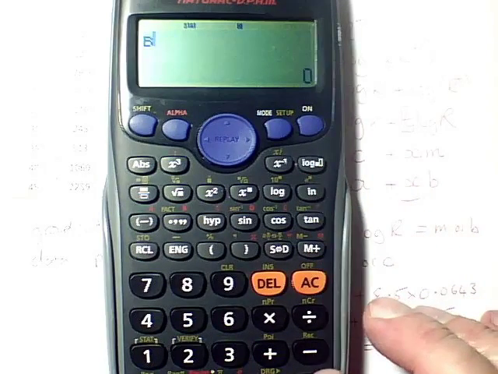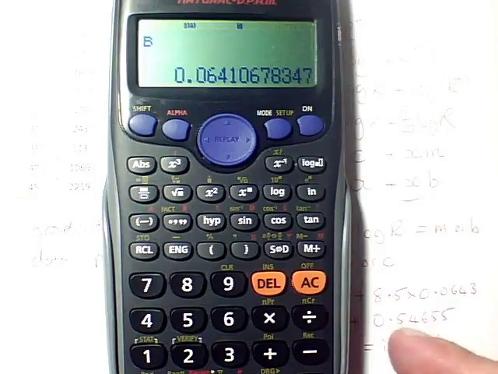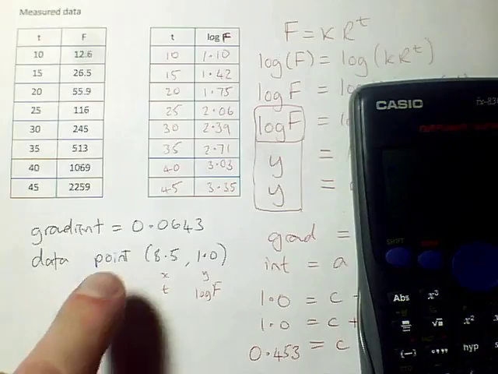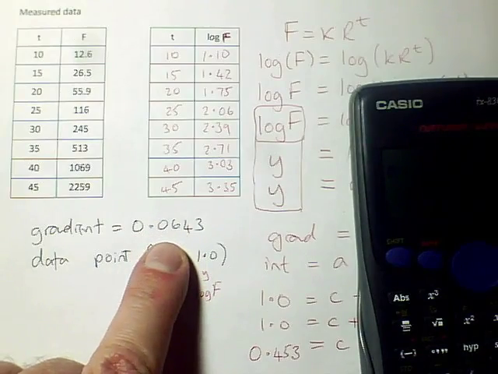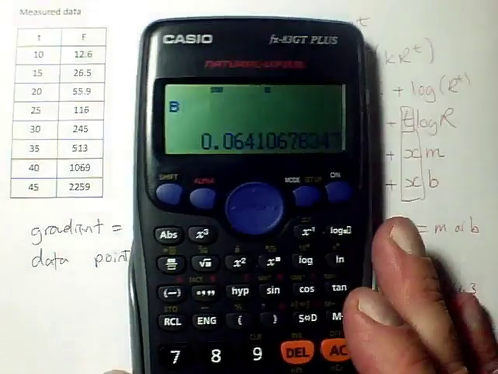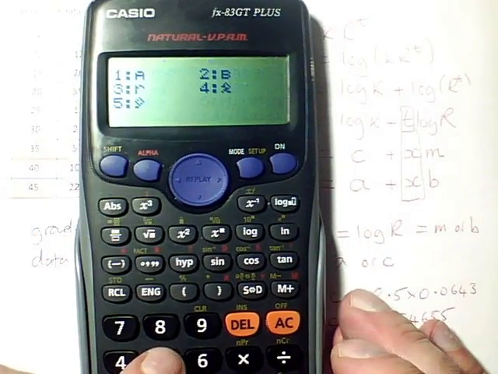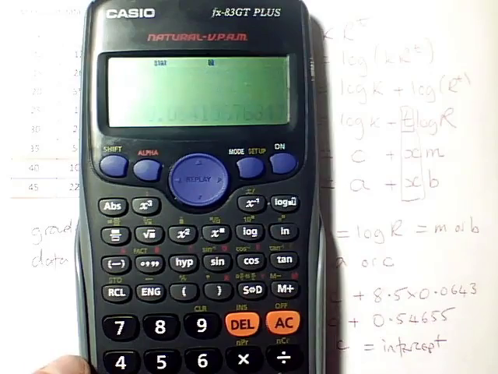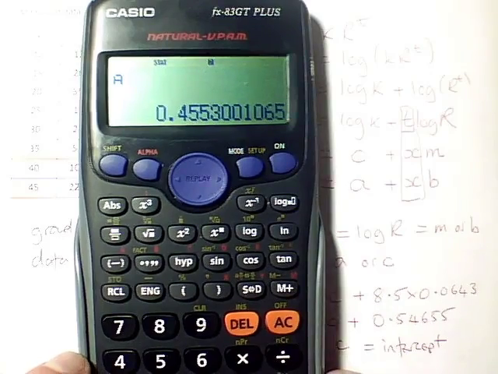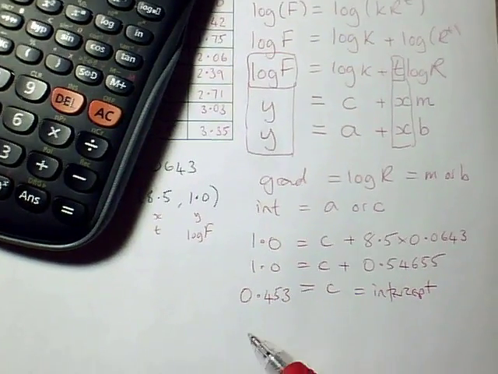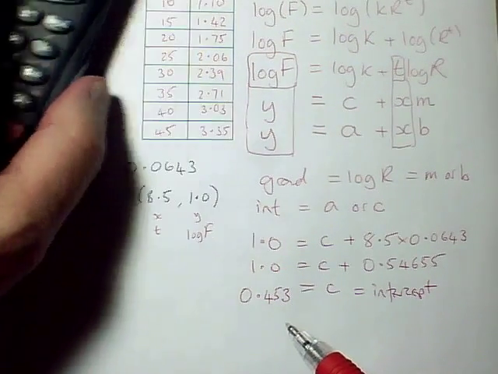So 2 for b, it's telling me b equals 0.0641, which compares pretty well with the 0.0643 that I got by hand. And for my a value, shift 1, 5, I'm getting 0.455, and the value I've got here is 0.453. So I'm getting pretty good agreement.